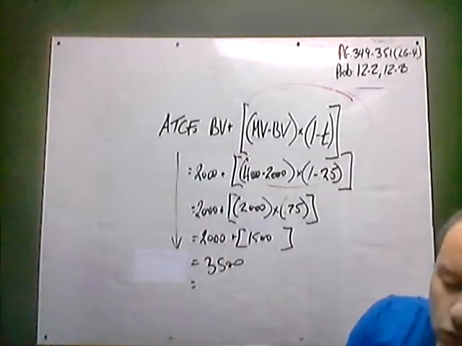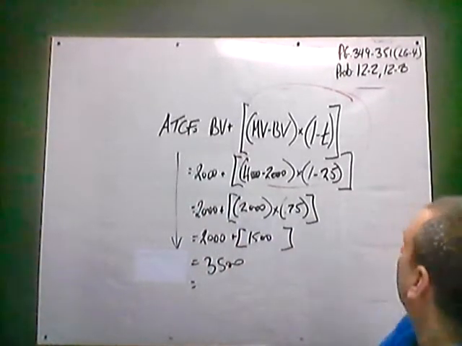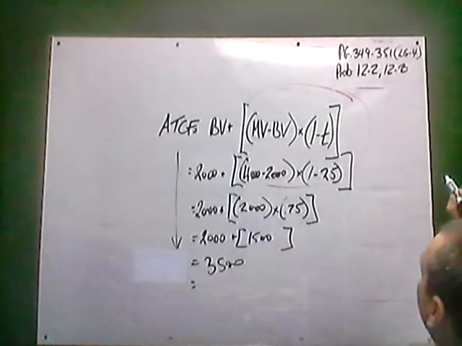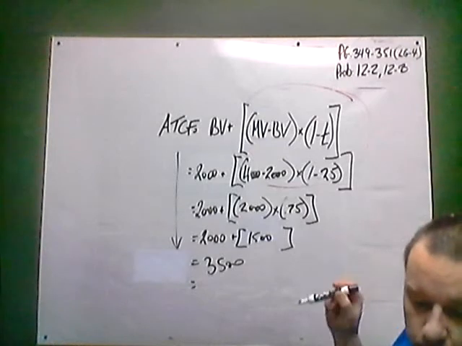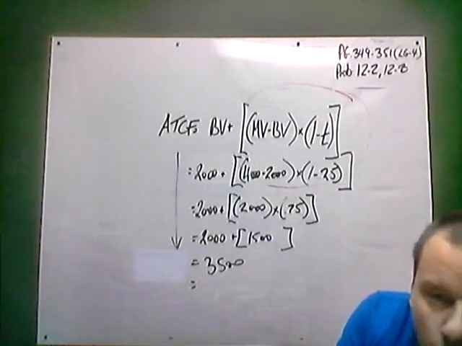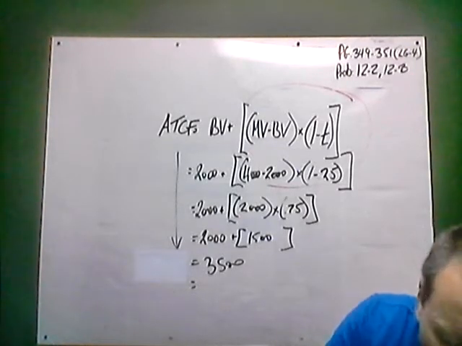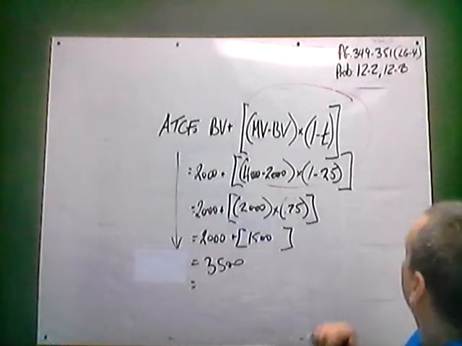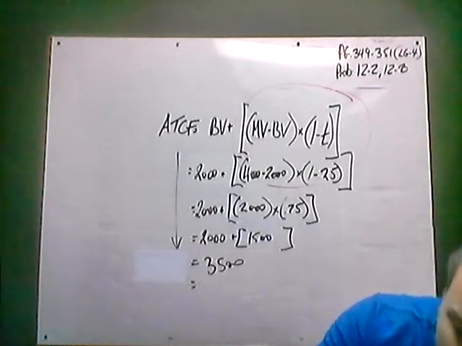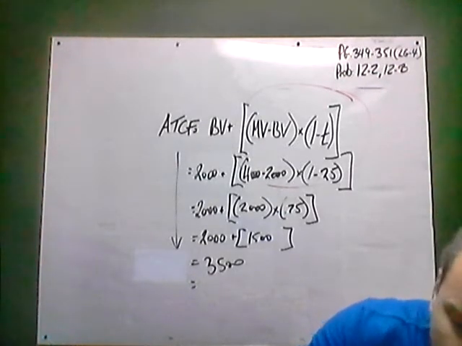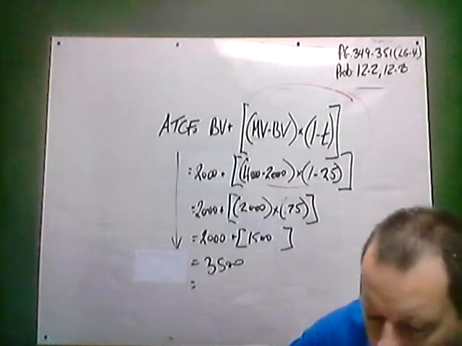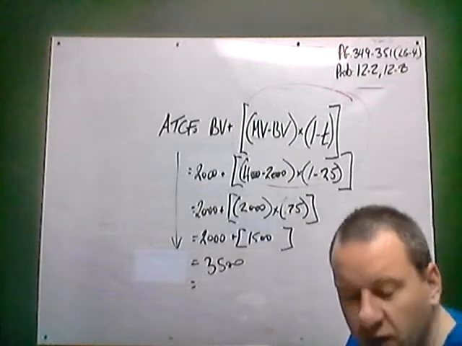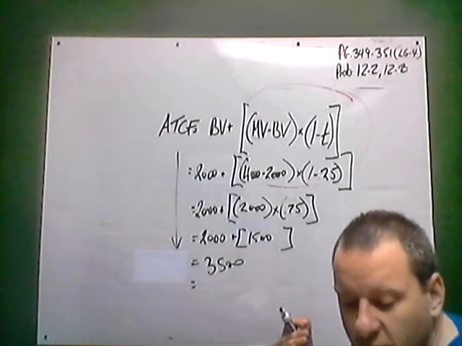So you're going to want to use this formula when you do problem 12.8. And also we have problem 12.2. If I flip ahead to problem 12.2, what I'm dealing with is a present value calculation.